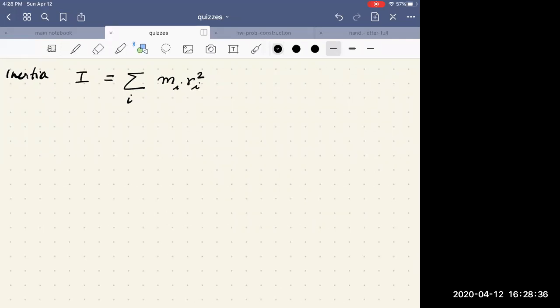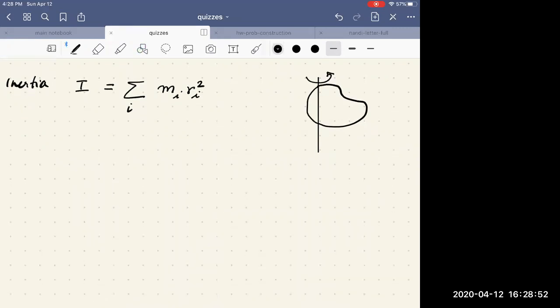So let's say we have some irregular shaped object that is turning about some axis here. And let's say the object is like this, and it is turning about an axis that I have shown. Then I can pull out, for example, some mass points here. For example, this can be a mass point M1, and this M1 is at a distance, the shortest distance you can construct, R1, from the axis.